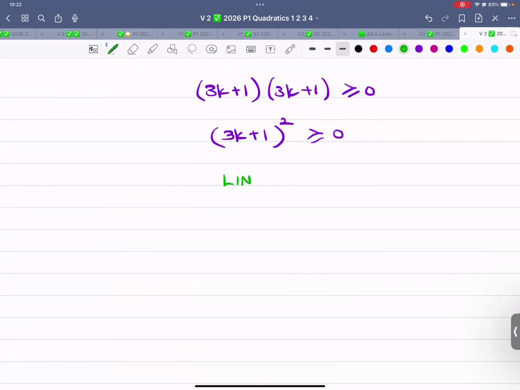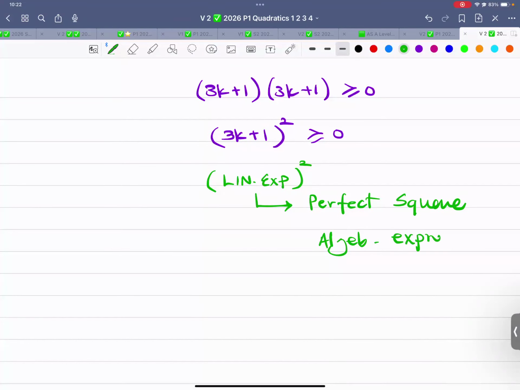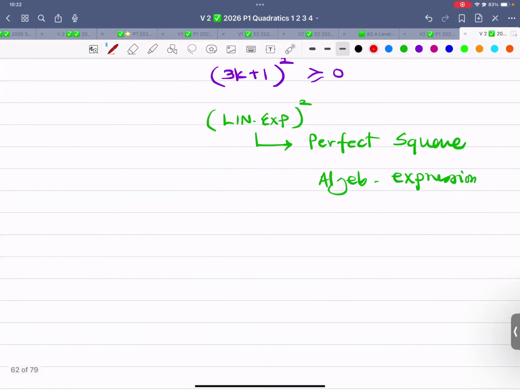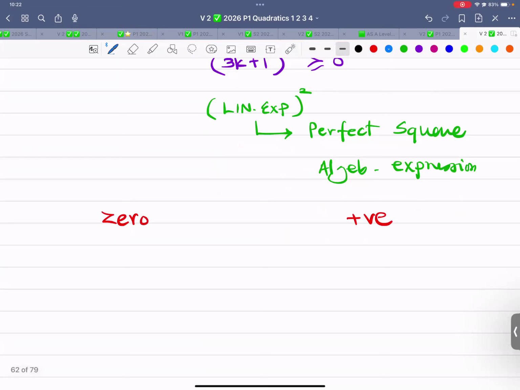A linear expression with a square on the outside, this is called a perfect square algebraic expression. Now the property is that this can be 0, this can be positive. There is no third possibility.